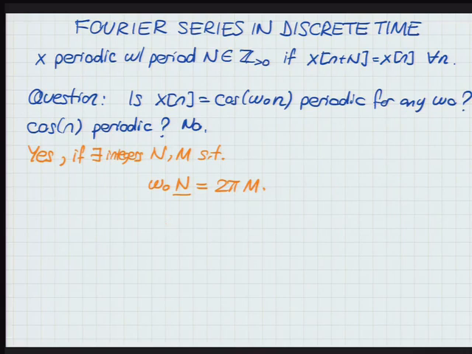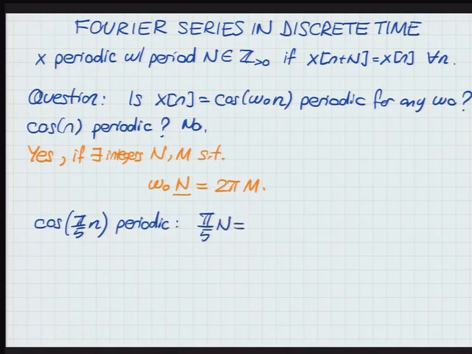But let's look at other examples, such as cosine of pi by 5 times n. That is periodic. Omega 0 in this case is pi by 5. Can I find an N such that this is equal to 2 pi? Of course, if N equals 10. So that's my period in this case.